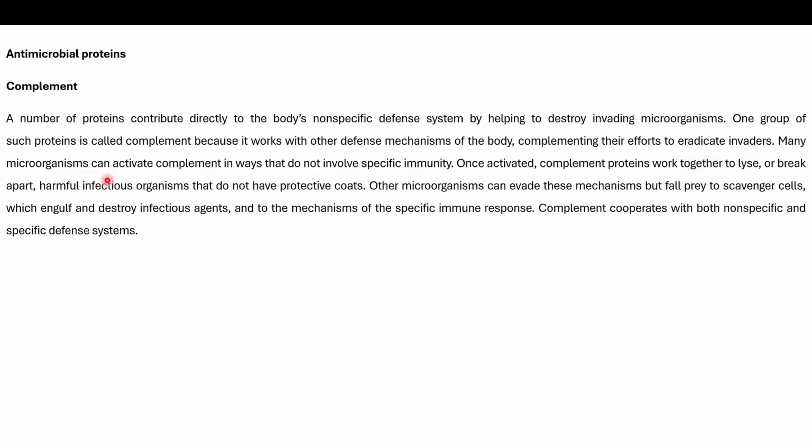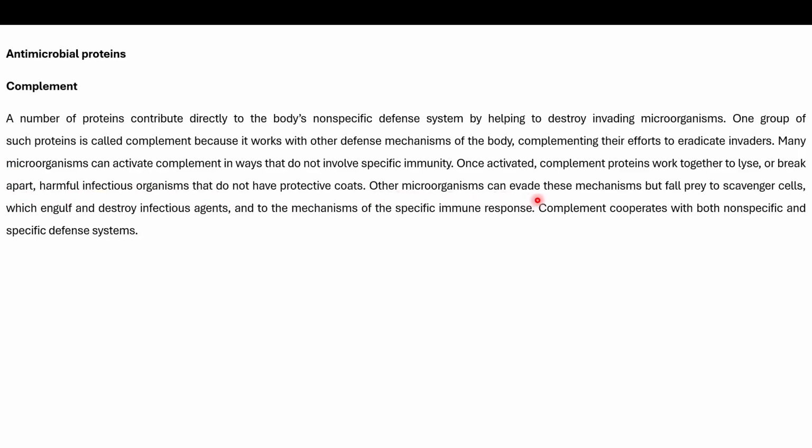Many microbes can activate complement in ways that do not involve specific immunity. Once the complement system is activated, complement proteins work together to lyse or break apart harmful infectious organisms that do not have protective coats.